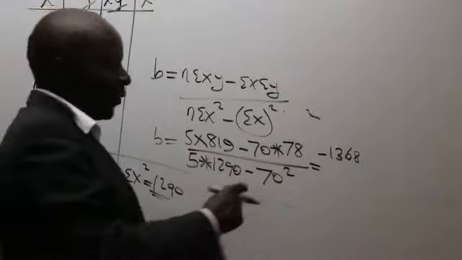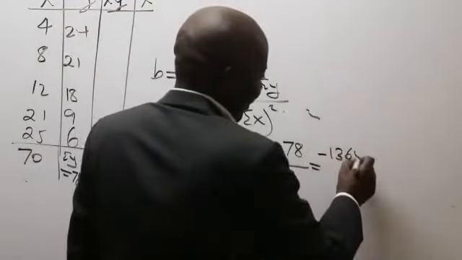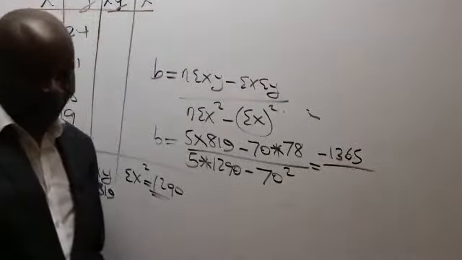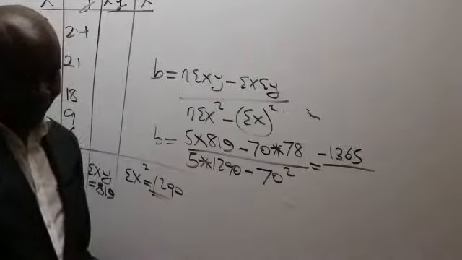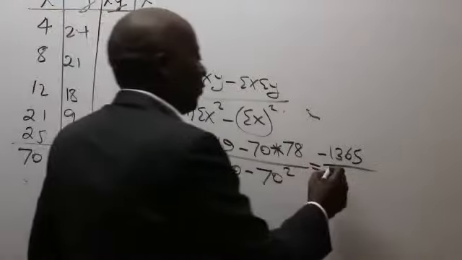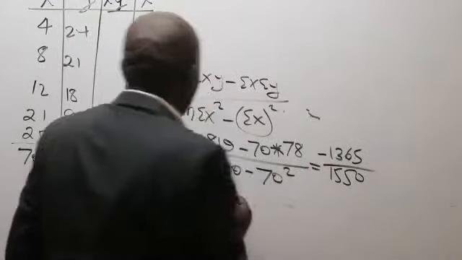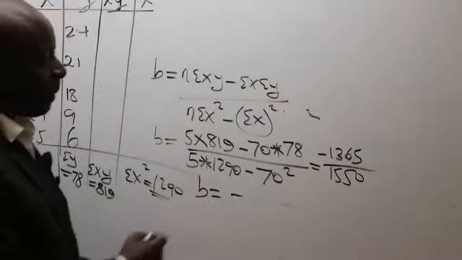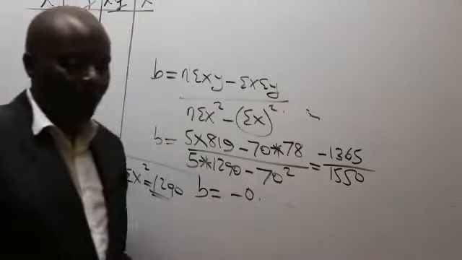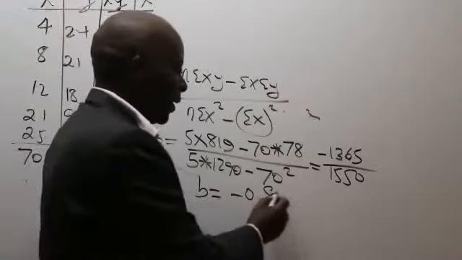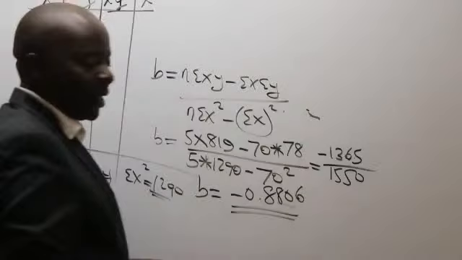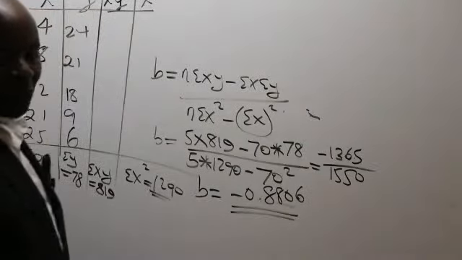Mary, you lost three there, 65. All over the denominator? 1550. So to 4 decimal places, what do we have as the value of b? Negative 0.8806, right? Once I have the value of b, getting the value of a will not be a tall order.